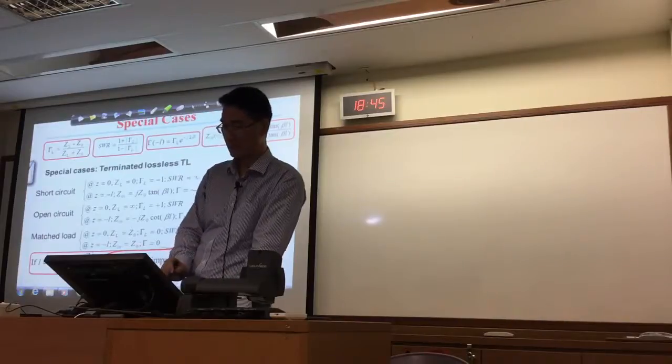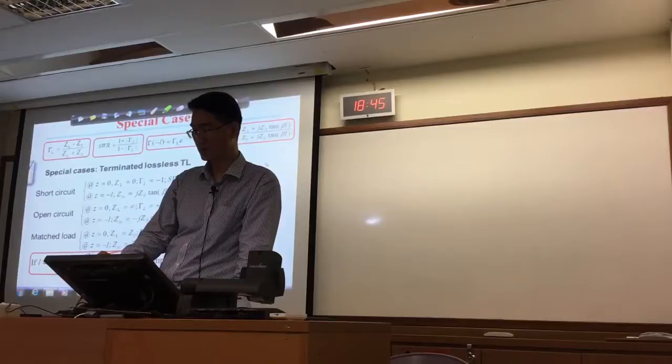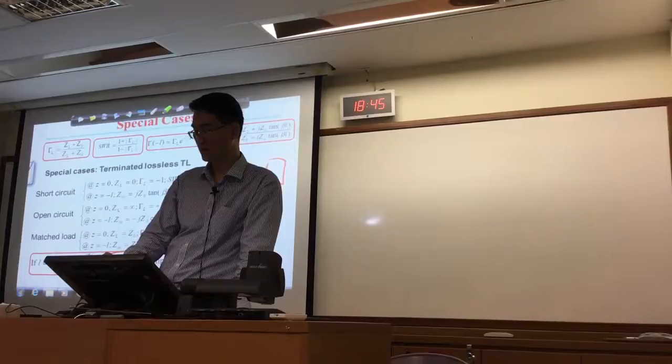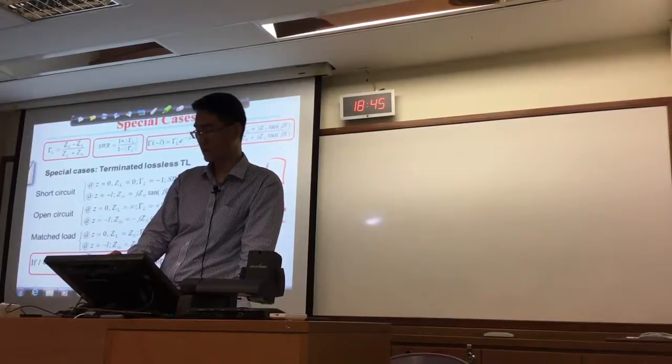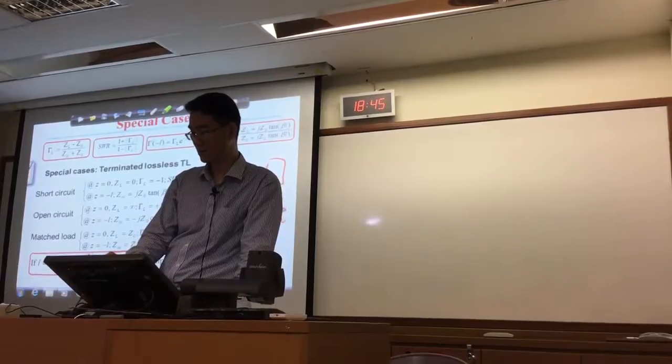The idea is, for instance, that the load impedance is an antenna, a patch antenna. For instance, the patch antenna input impedance is 100 ohm. Then typically the typical transmission line.